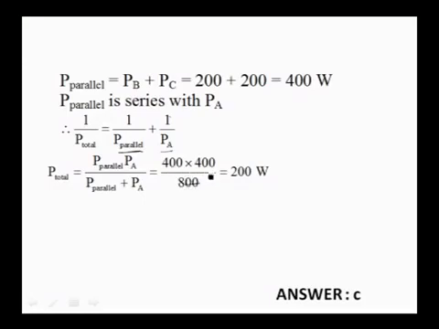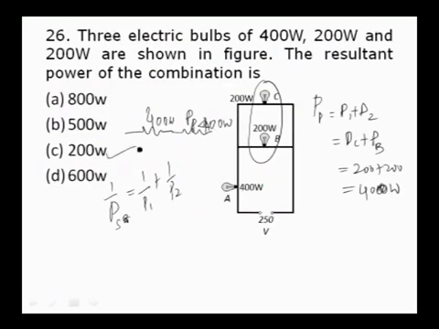Okay, these two zeros are cancelled. 4 into 400 is 1600 divided by 8, or else you can simplify. That is 400 divided by 2, which is equal to 200 watt. Therefore, the correct option is 200 watt.